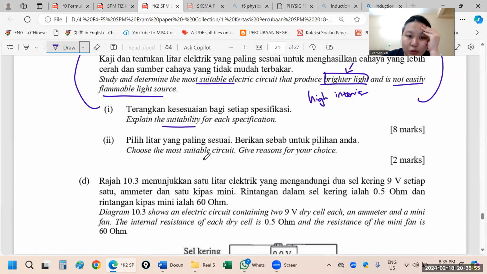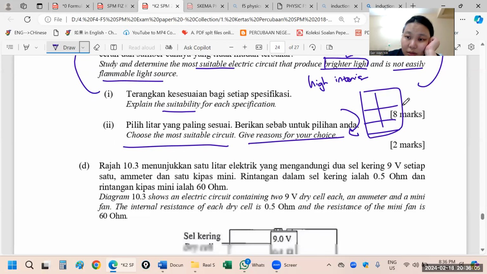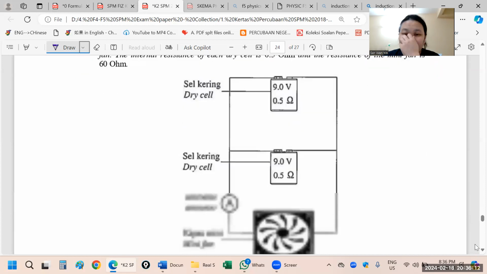Then choose the most suitable circuit, give the reason. So you just repeat that. Actually, you can just draw the table, right? Draw the table and make your choice. So they purposely make 10 become 8 plus 2. Okay, so then you can see here, these two connect in parallel.